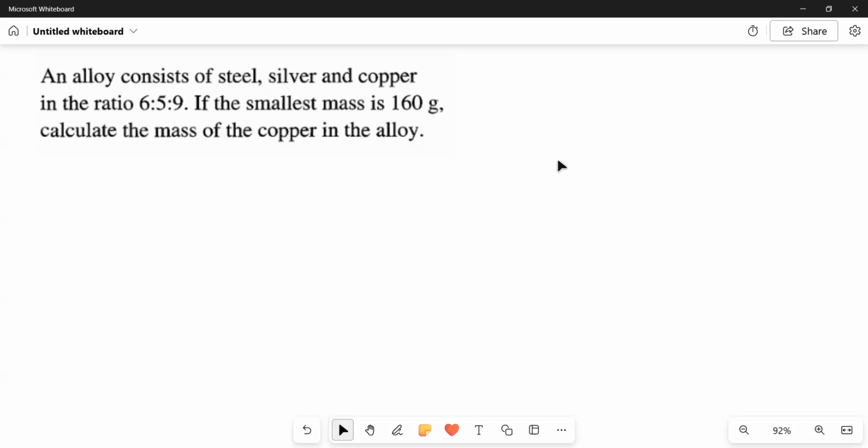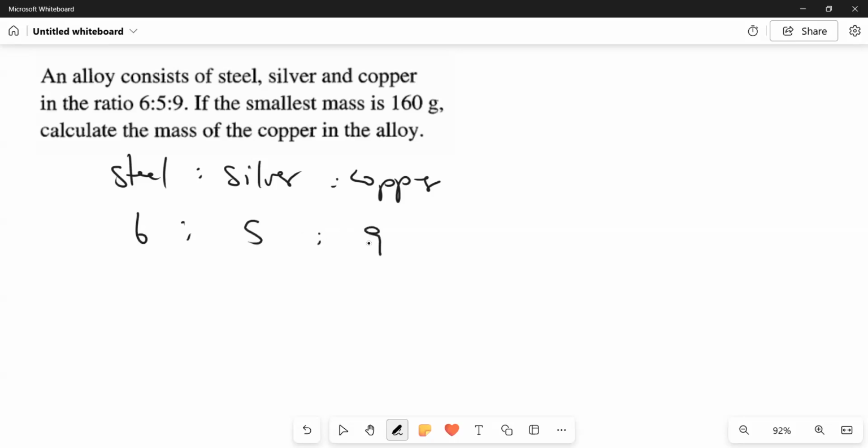An alloy is really a mixture of different metals to make up a new one, right? So steel to silver to copper in the ratio 6 to 5 to 9.